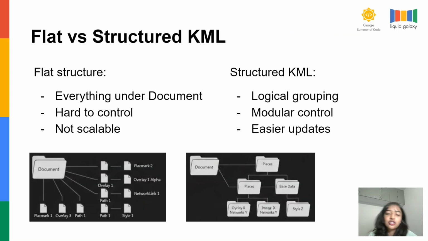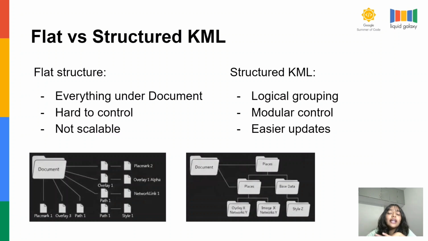Flat versus structured KML. Let's visualize the difference. In flat KML, everything is a sibling. There is no separation between a route, a marker, or a UI element. If you want to change the style of your routes, you have to hunt them down individually. But structured KML, however, creates modular control. You can collapse entire sections in your editor.